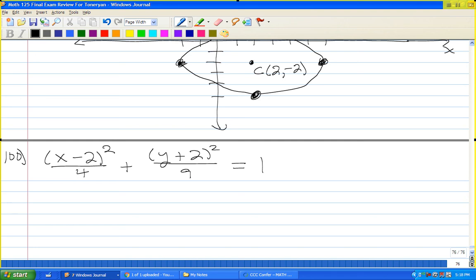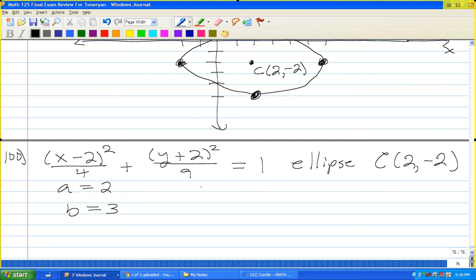Okay, so again, this is an ellipse. The center is at (2, -2). A is 2. B is 3. C would be the square root of 5.